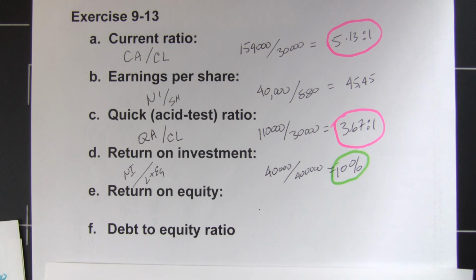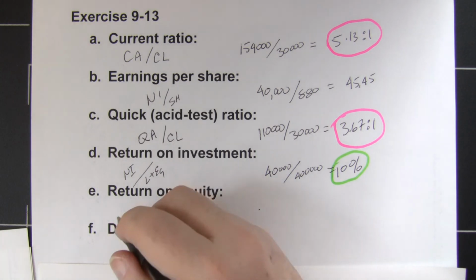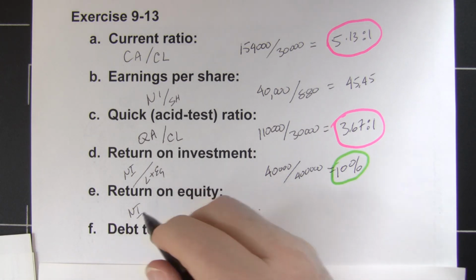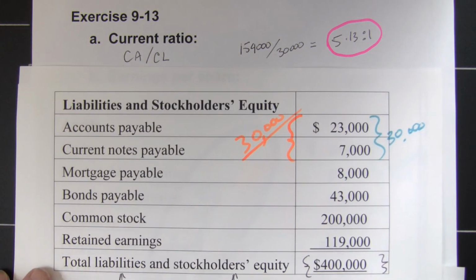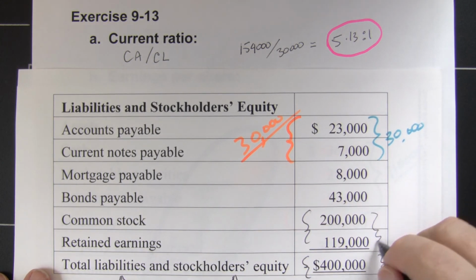And the next number we want to talk about is return on equity. And the return on equity is just looking at net income divided by the equity, and that's just common stock and retained earnings.